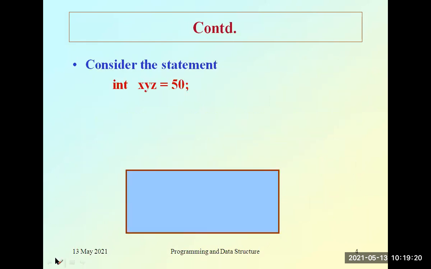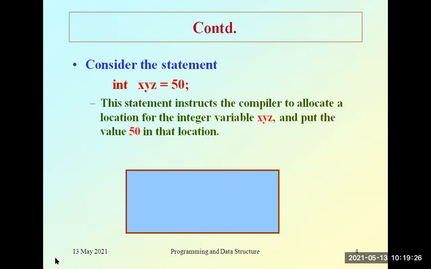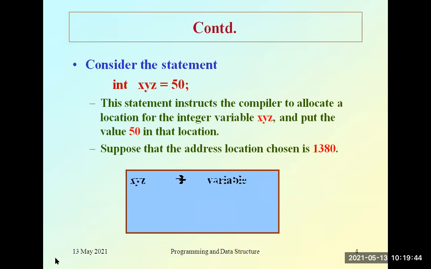Consider the statement XYZ, you can understand better. Here XYZ is the variable and it holds the value 50 in the location. We don't know in which location it will be stored, but the location address is given here as 1350. In this way you have to store the data in the memory.